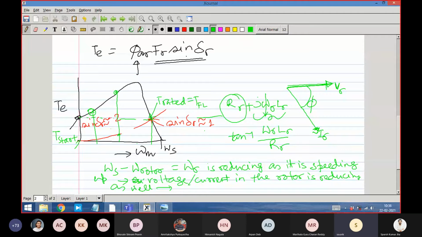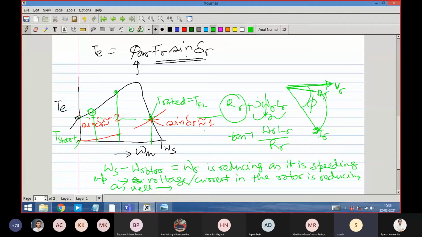Now, what is the gradual process? The current magnitude is reducing and the power factor is improving, so it is gradually coming, taking a trajectory like this. Current is reducing because the voltage induced is less, and the phase angle is also reducing.